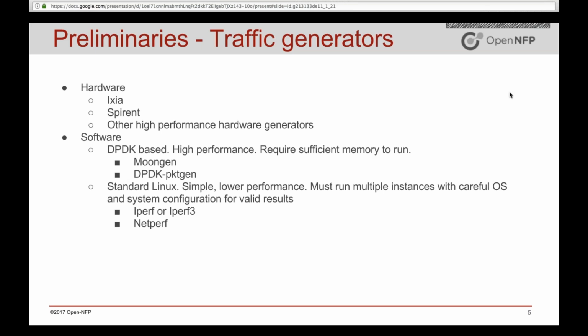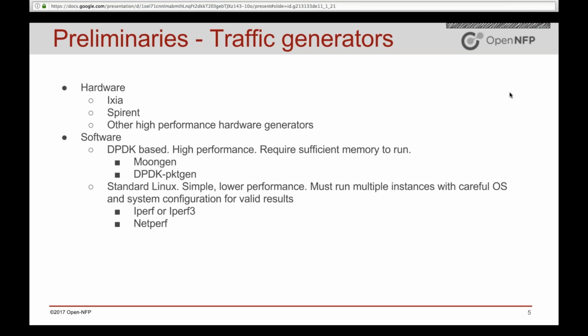The next level is using software-based traffic generators, typically DPDK-based generators that can take advantage of SmartNICs and use some hardware assist facilities, but at the same time generate small packets at very high rates and very easily get to line rate with large packets.